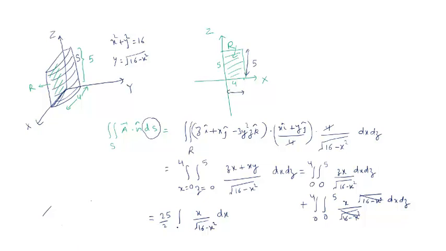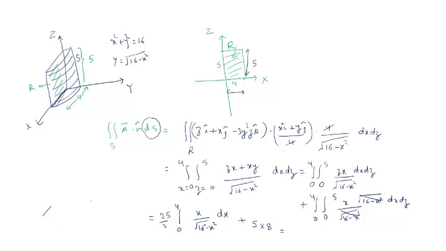This will be a single integral, and the limit of x will be 0 to 4 in this part. The remaining part: if we integrate with respect to z first, we get 5. We can take it out of the integral, and the remaining part is x. We will get x square by 2. The limit of x is from 0 to 4, so we get 16 by 2, it means 8.